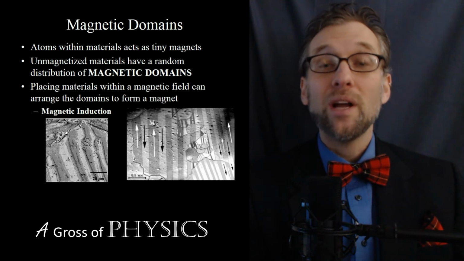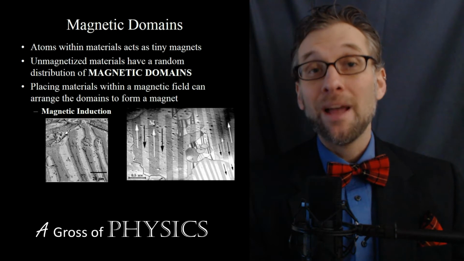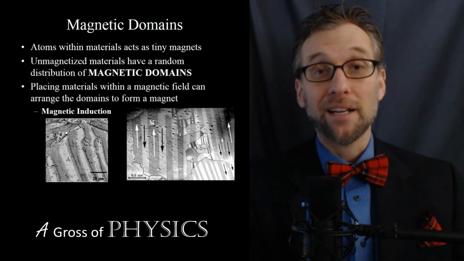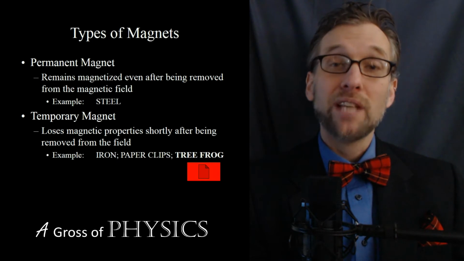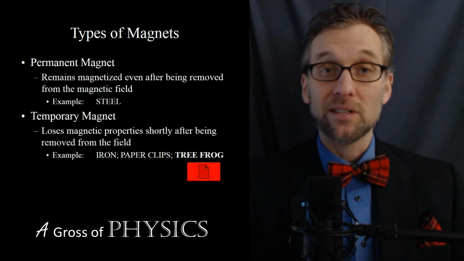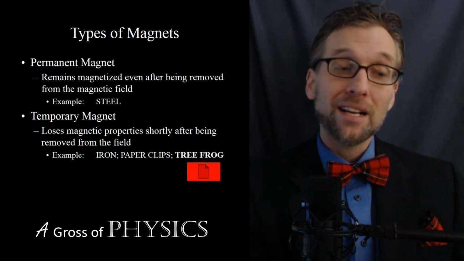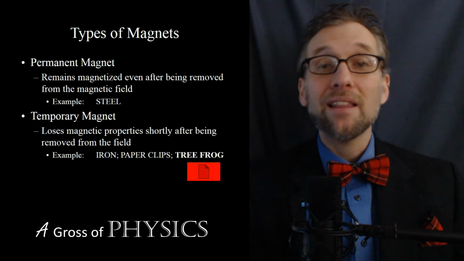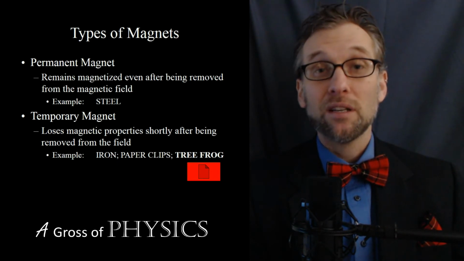When you do so, it lines up the magnetic domains within the paperclip and it produces a temporary magnet. What we have are two different types of magnets typically. We have temporary magnets that do not maintain their magnetic properties for long periods of time, and we have permanent magnets that do. Permanent magnets maintain that field strength even after being removed from that magnetic field.